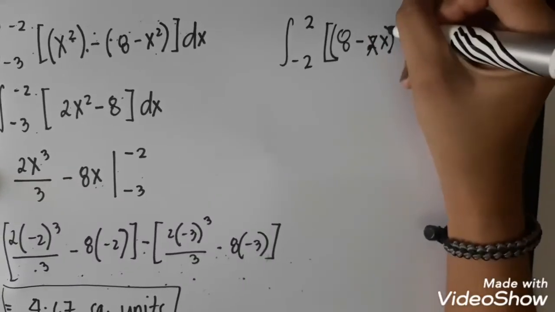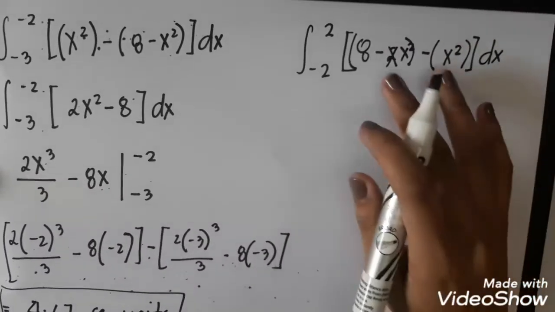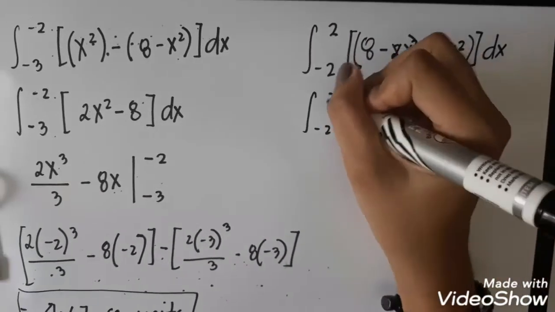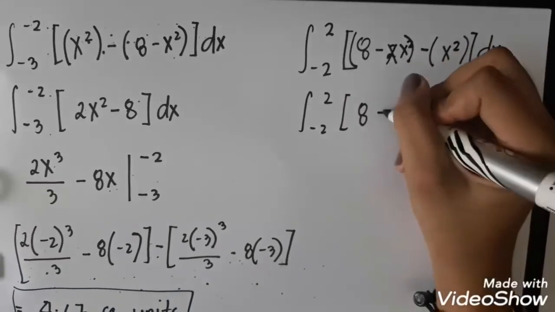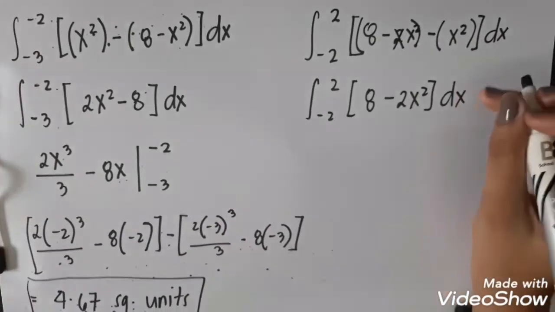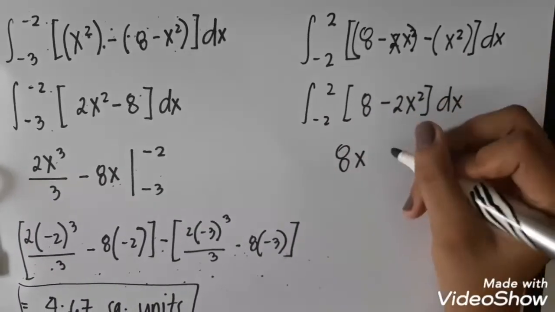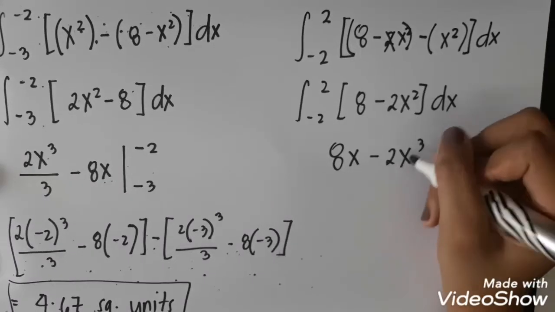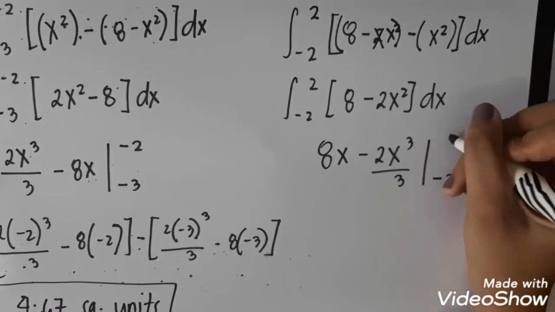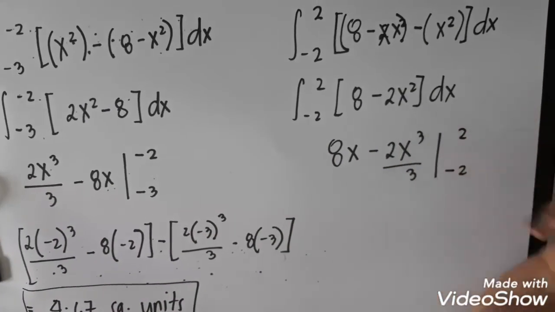So because these two have the same variable, we just have to add them together. It'll become 8 minus 2x squared dx. So when we integrate it, it'll become 8x minus 2x cubed over 3, integral from negative 2 to positive 2. So again, upper limit minus lower limit.